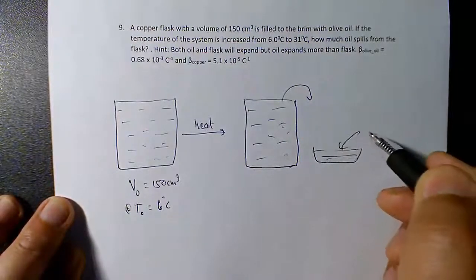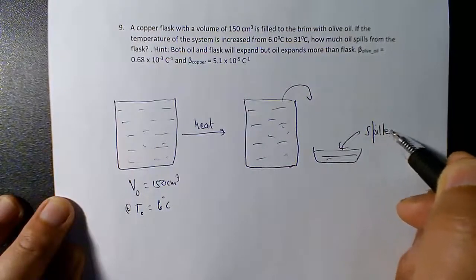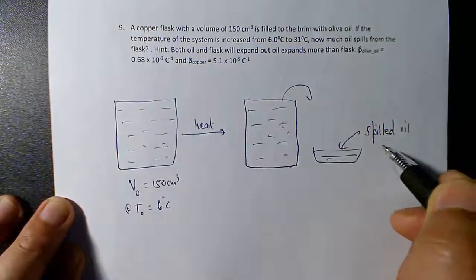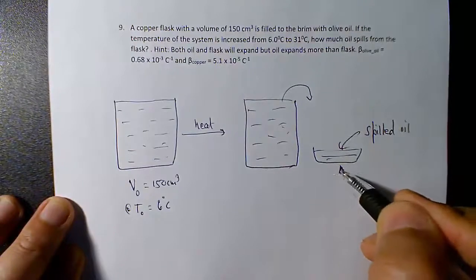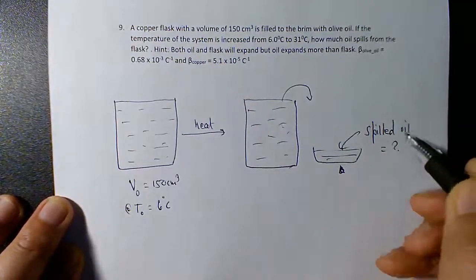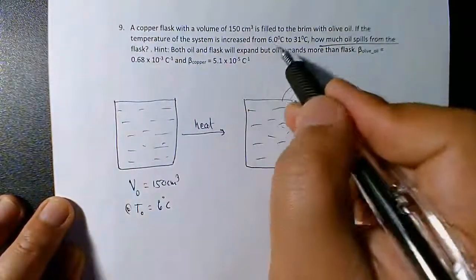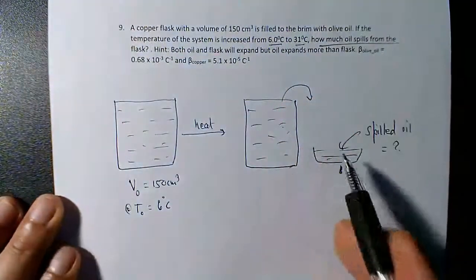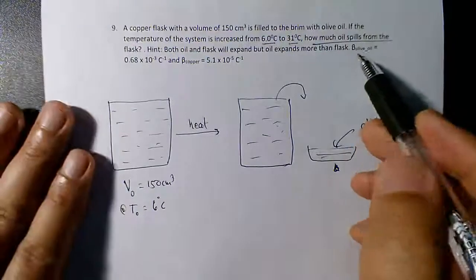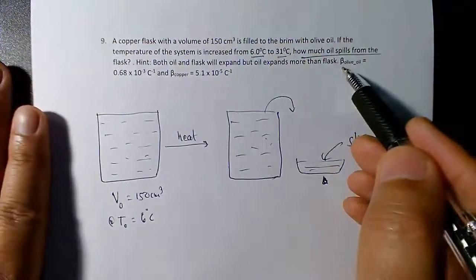So it says, how much volume, let's say delta V, how much oil will be spilled if you raise the temperature of the whole system from 60 degrees to 31 degrees Celsius? That's it. And beta is the cubical expansion, the volume expansion coefficient.